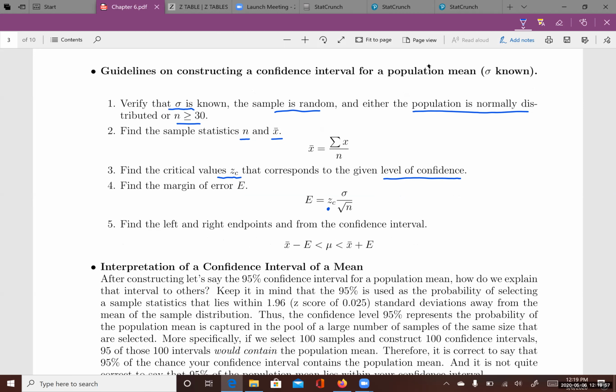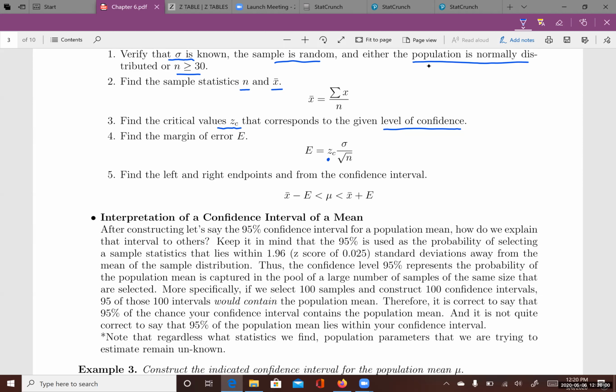Once you have the margin of error, you subtract it from the sample mean for the lower bound, and you add the margin of error to the sample mean to get the upper bound of your confidence interval.